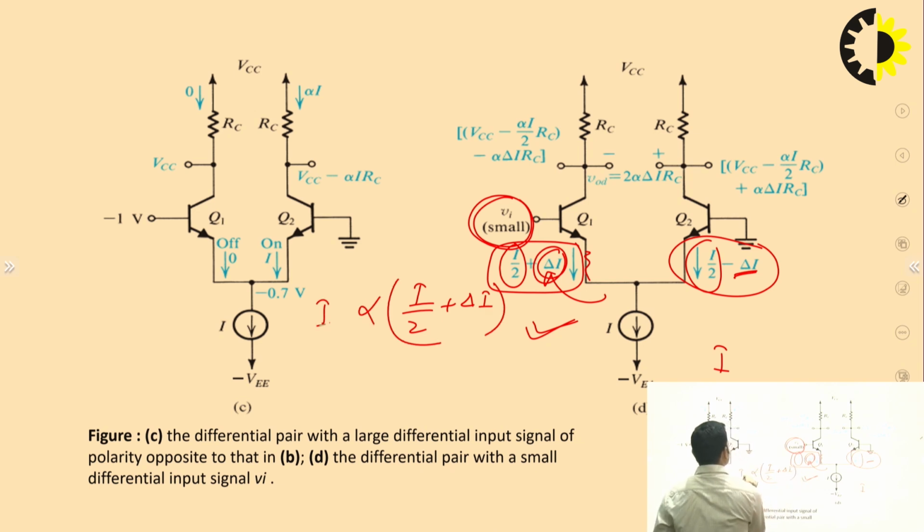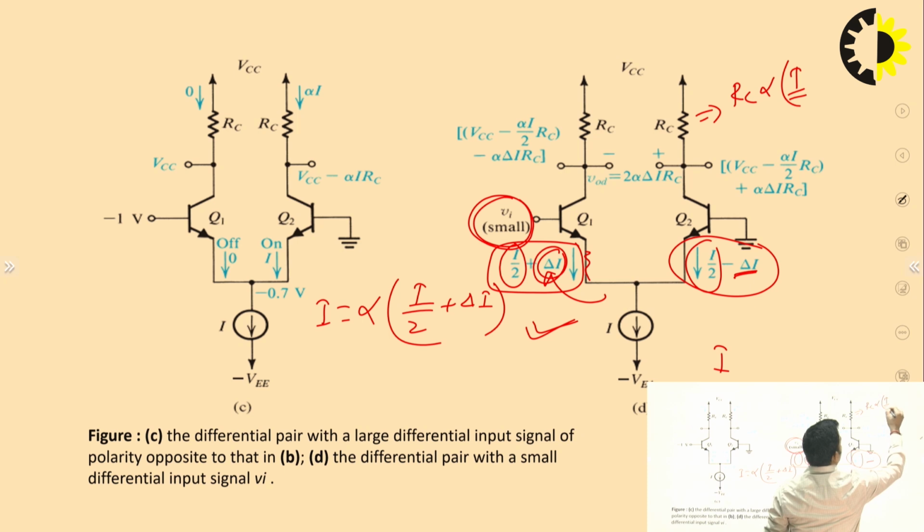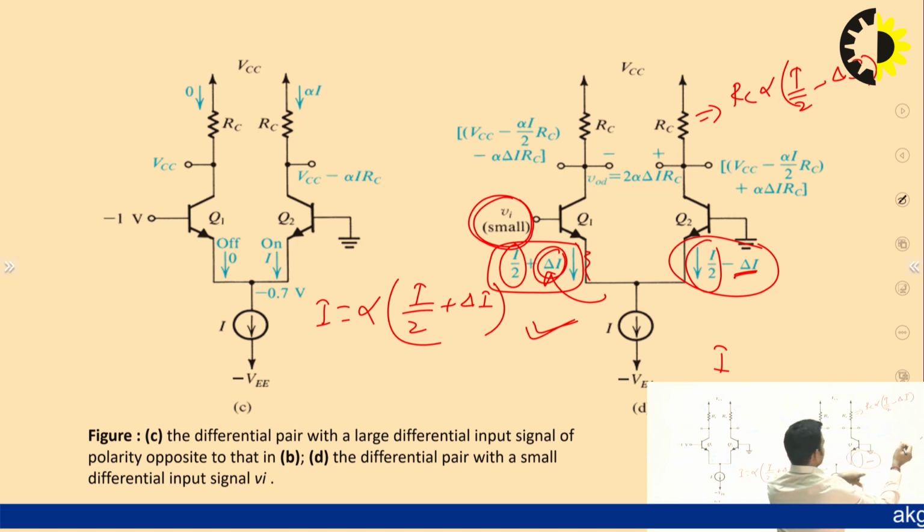Collector current should be equal to alpha into I/2 plus delta I. So, the voltage drop across RC will be equal to RC into alpha I/2 minus delta I for transistor Q1 and plus delta I for transistor Q2.